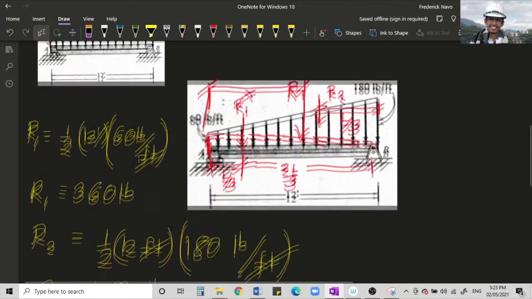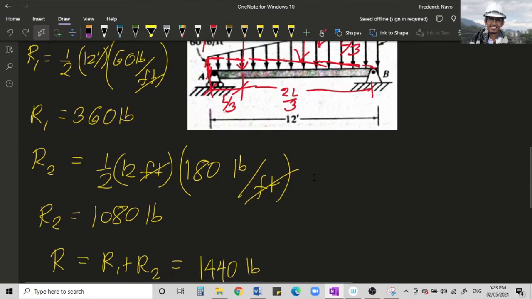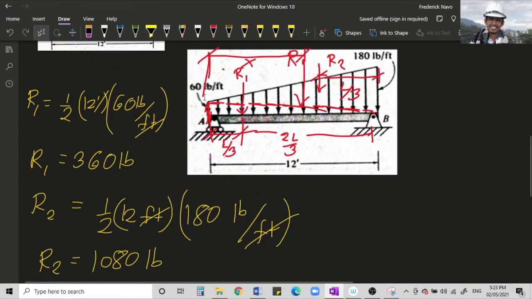So, sabi natin yung moment ng resultant at any point is equal to the moment of the summation moment ng forces doon sa point na yon. In this case, let us mag-moment tayo doon sa point A, para doon yung basis natin nung distance nung R natin kung saan siya.